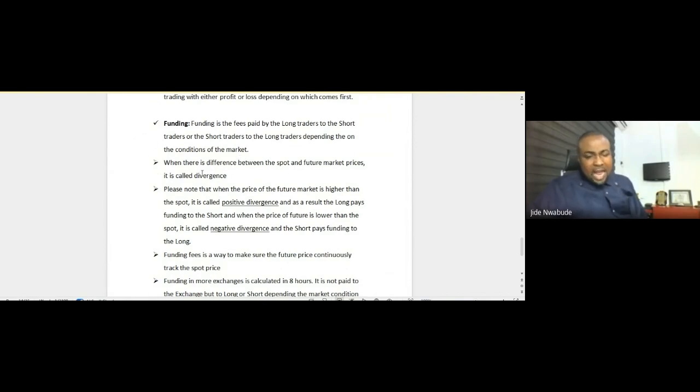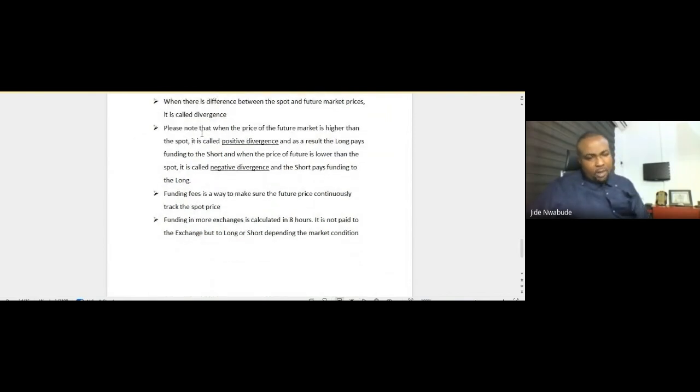However, this divergence can be positive or negative. When the price of the futures market is higher than the spot price, it's called positive divergence. So if gold is selling for 2,600 in the spot market and 2,650 in the futures market, that is a positive divergence. At this point, longs pay funding to the shorts.